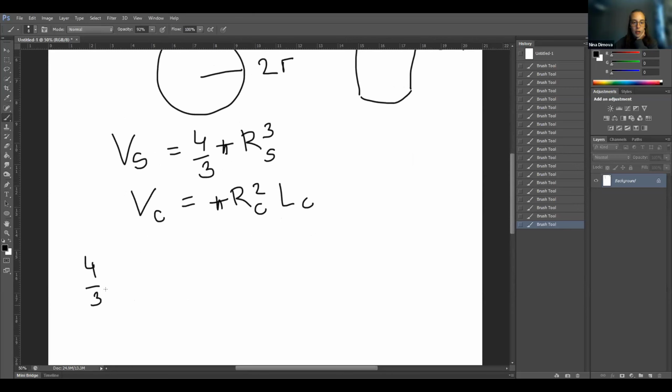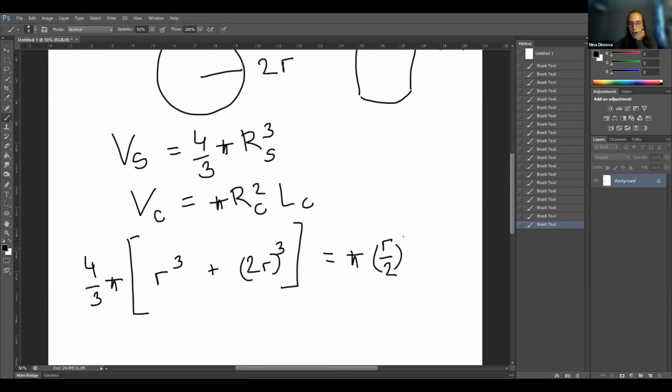So that would be 4/3 pi, and then one of the spheres has a radius r to the third, and then the other one has radius 2r to the third. And this should be equal to pi r squared, and the radius of the cylinder is half r, times the length we are looking for.